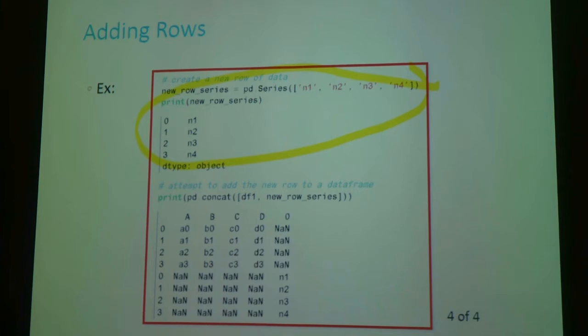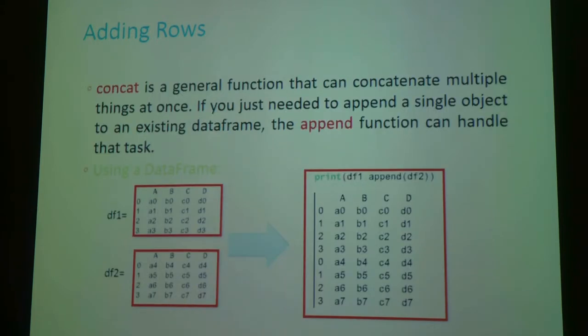So when I try to add this series in here, it was added in here and created all these empty spots. The solution is to create it as a data frame. You could use the append function, so you have, for example, data frame 1, data frame 1.